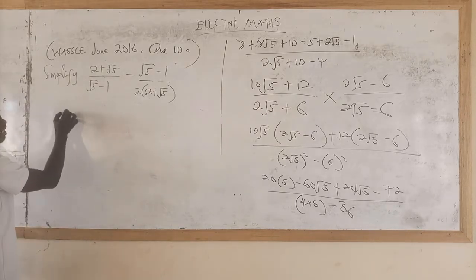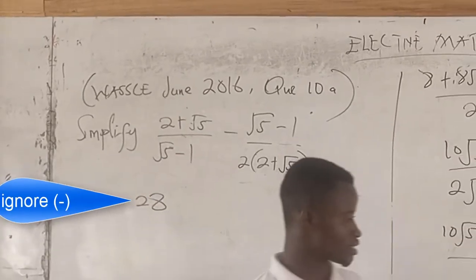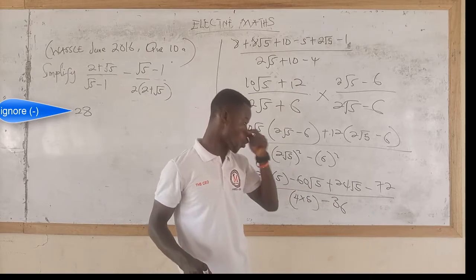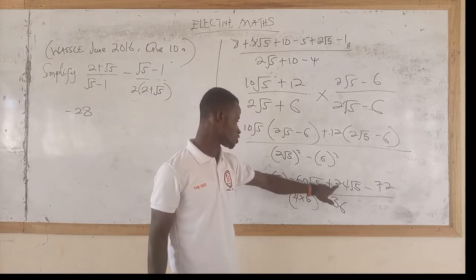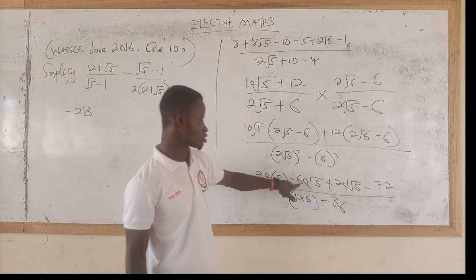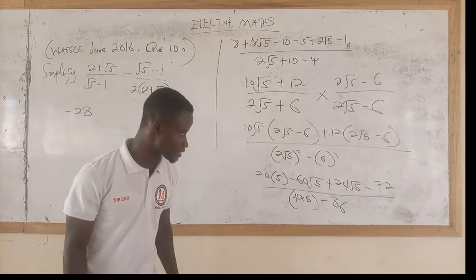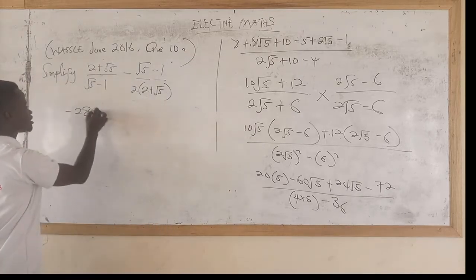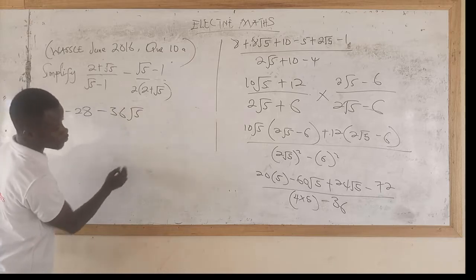So here you're going to get negative 28. And here, negative 60 plus 24 is going to be negative 36. So here it's going to be negative 36 square root of 5.